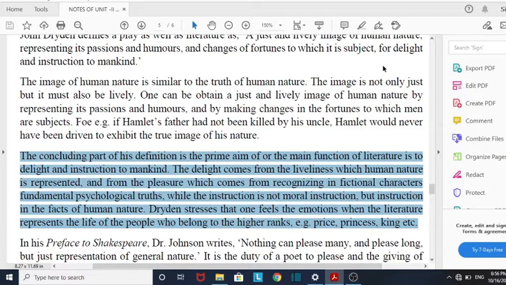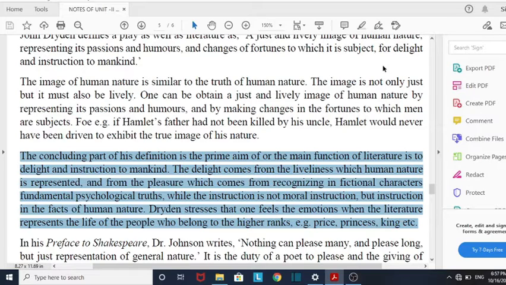Delight will come from the liveliness. That is very important. The delight comes from the liveliness with which human nature is represented. Suppose I am a writer and I have written one play or one poem, and if I have not represented a just and lively image of human nature, the characters in my play or my poem, and I ask you to read it, you will not get delight, you will not get pleasure, because there is no lively image, no just image.